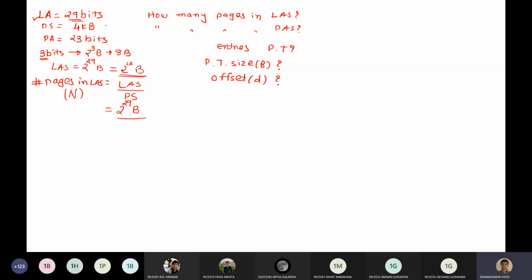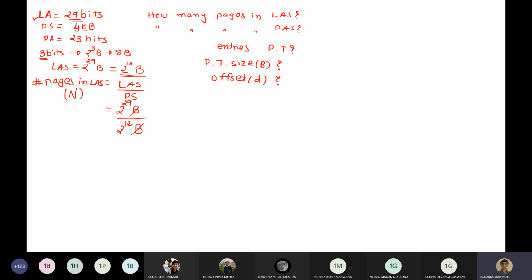So in terms of 2 raised to, what is this? 4 is 2 raised to 2, and 1K is 2 raised to 10, so the summation of powers 2 plus 10 is 12. 2 to the power 12 bytes.